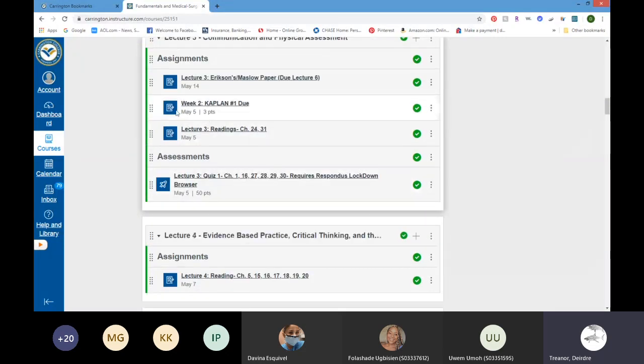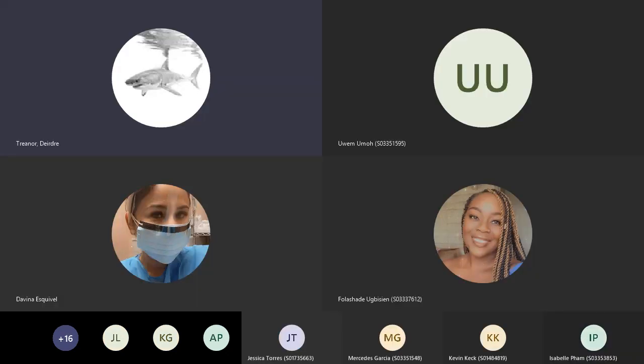The other thing you're going to see is week 2, Kaplan number 1. What's Kaplan? Well, Kaplan is an online resource that we use to help prep you for NCLEX. So each of these, there's 10 of them due. They were 3 points. Let me unshare this because I don't want you guys seeing all my stuff when I pop up my things.